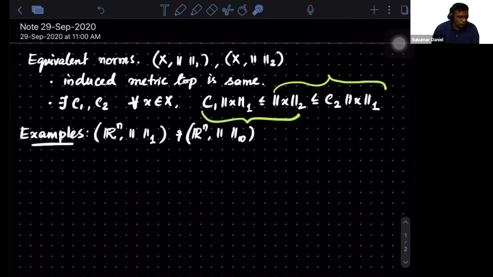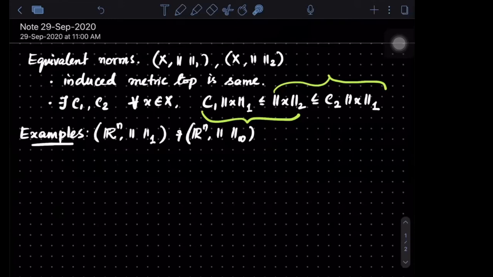Yeah, so how many of you have the answer? You can say yes. Yeah, Himanshu? Sir, we can take the first norm to be the sup norm and the second norm to be the.